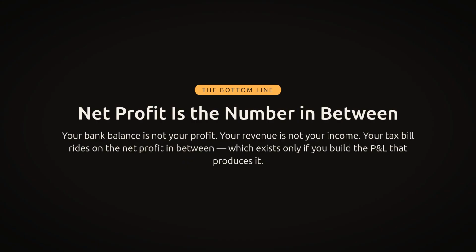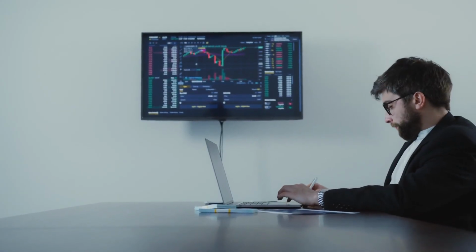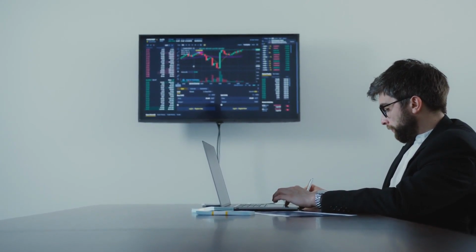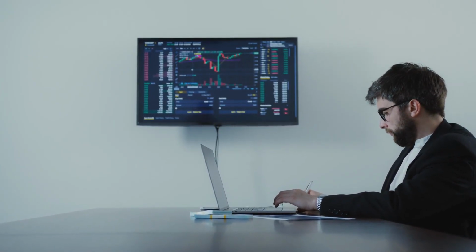Build it. Use it. The bookkeeping minimum to make this possible is covered in the Bookkeeping Minimum for Freelancers video, which explains exactly what records you need and how long to keep them. A profit and loss statement is only as honest as the records behind it. Build those records right and the P&L builds itself.